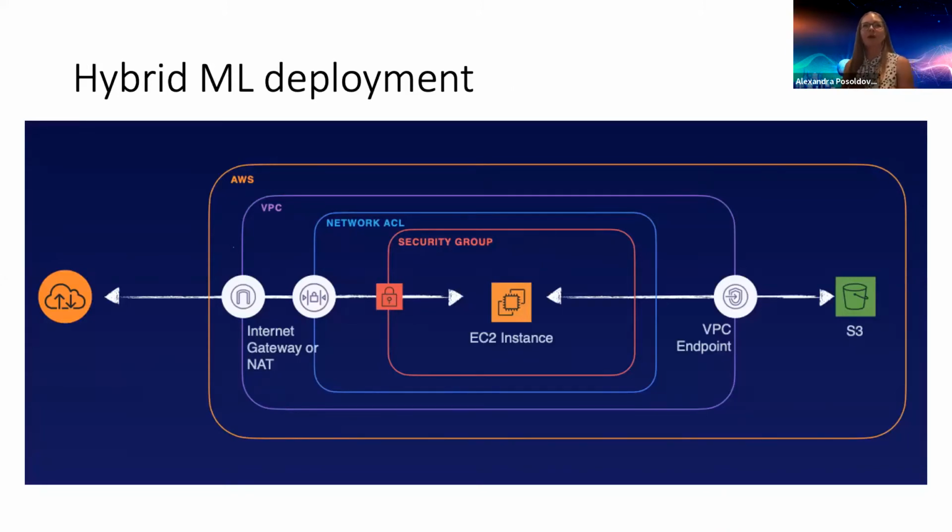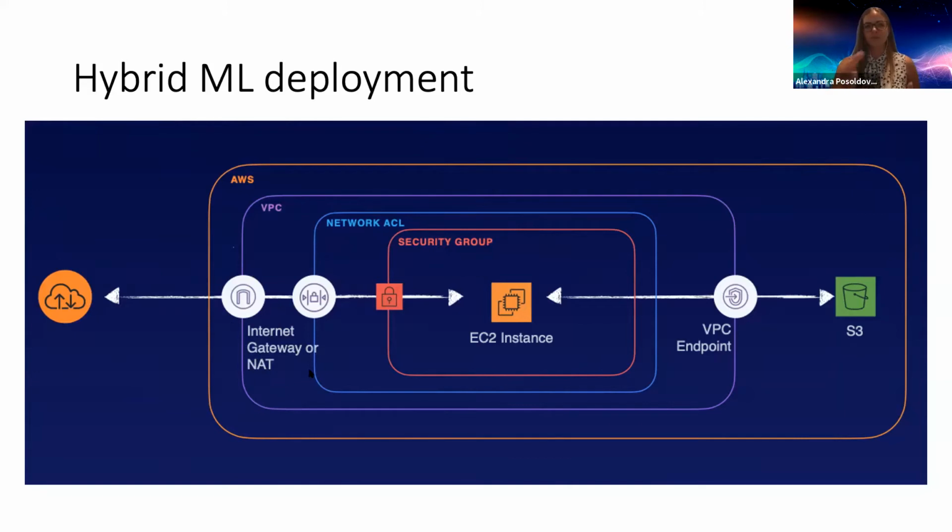Moving on to hybrid ML deployment, where data is on-premise and computation is happening in the cloud, where high data security needs to be assured. Typically, a virtual private cloud is used to access the computational instances through an Internet Gateway.